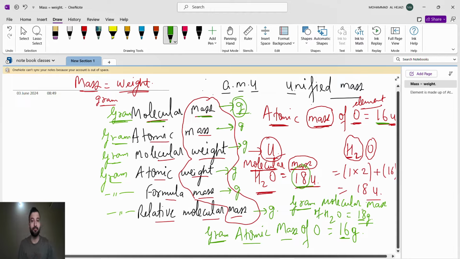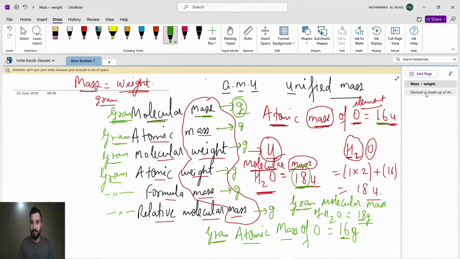If you use gram, like gram atomic mass, it means atomic mass is expressed in grams, so that's why the unit will become gram. If the word gram comes, then only the unit will become gram. If the word gram is not there, then it is expressed in U. I hope the concept got clear.